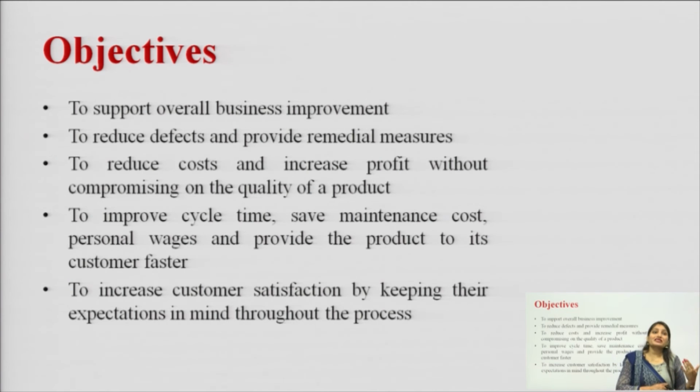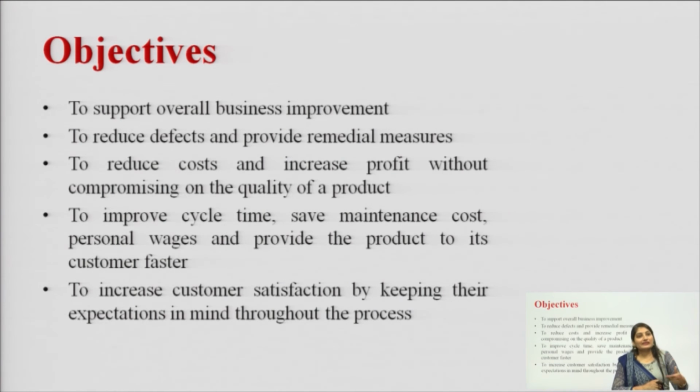Next is to improve cycle time, save maintenance cost and personnel wages, and provide the product to the customer faster. With the help of the Six Sigma concept, we can reduce the variations and deviations. If we are able to reduce the deviations between products, then we are able to achieve the quality product in one cycle time.